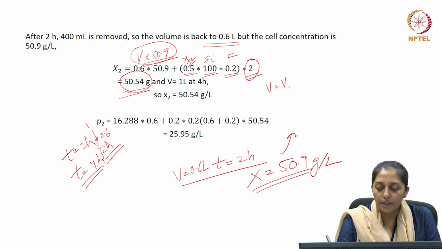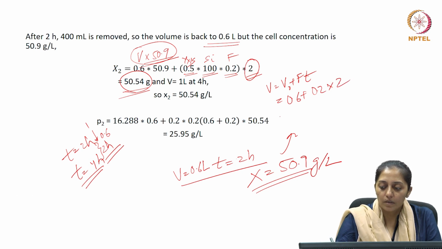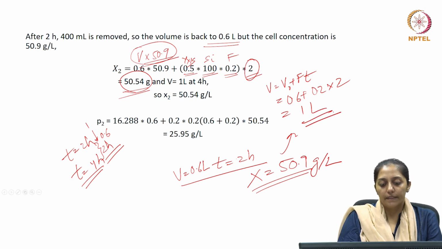And V is V naught plus Ft. So, this was 0.6 plus 0.2 into time, which is 2 hours. So, this is again 1 liter after 2 hours of feeding.